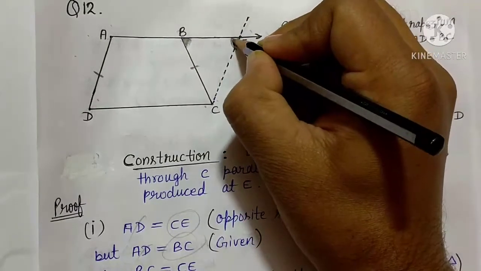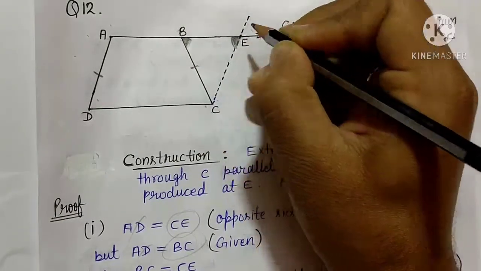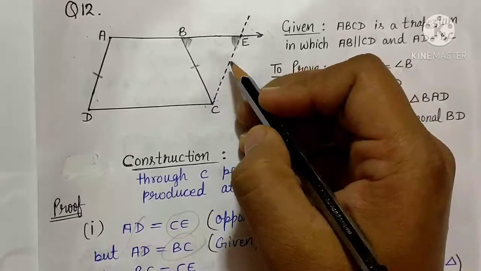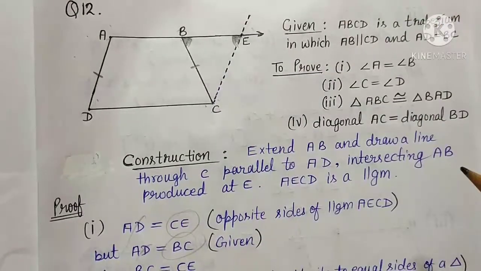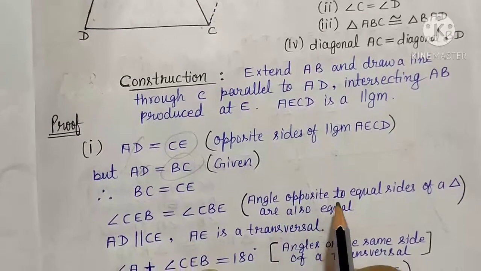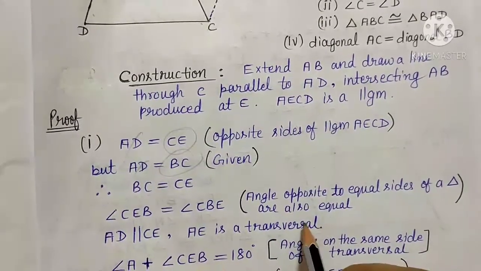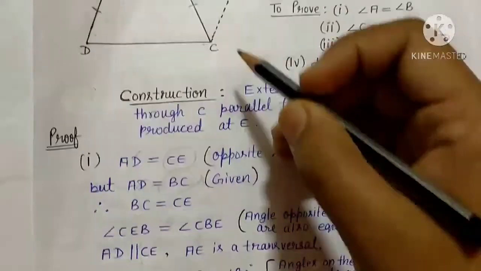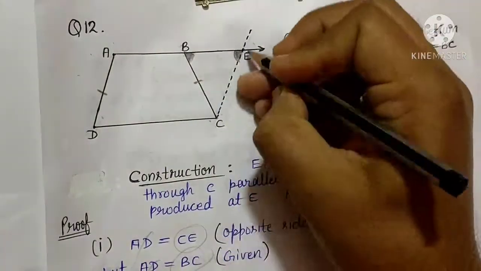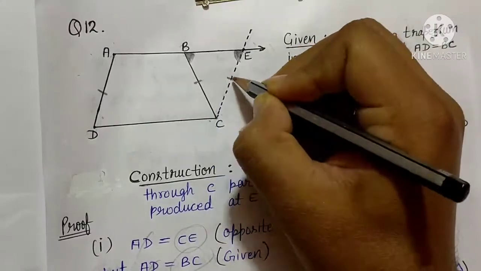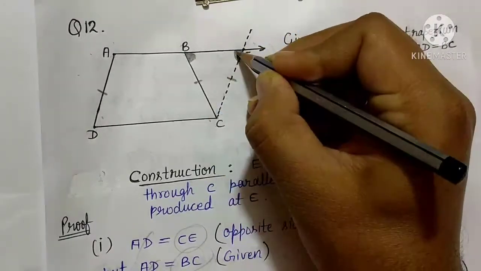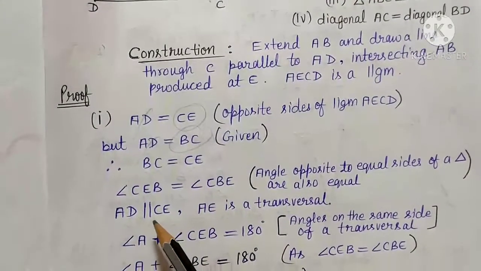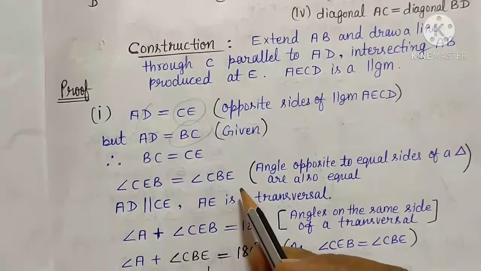If you remember the property of triangles, we learned in the chapter Triangles, chapter number 7, that angles opposite to equal sides of a triangle are also equal. Just now we said that BC equals CE. So these are equal sides, and angles opposite to equal sides are also equal. So this angle and this angle will be equal. That's why we have written that angle CEB is equal to angle CBE.